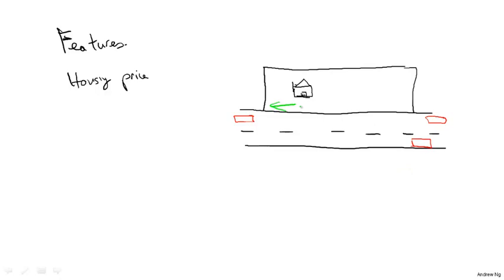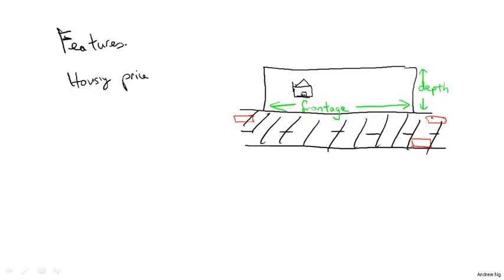So it turns out the frontage of your lot is the width of the plot of land that the house lives on, and the depth of the lot, D-E-P-T-H, is how far deep it goes. So from the road, this black thing here, that's the road that runs in front of your house, and the depth is how far back from the road your plot of land runs.